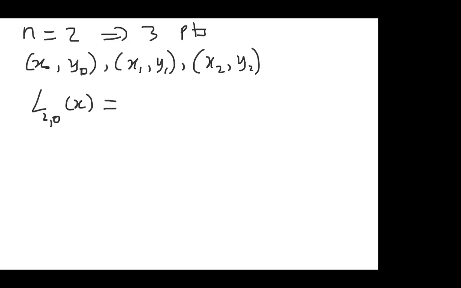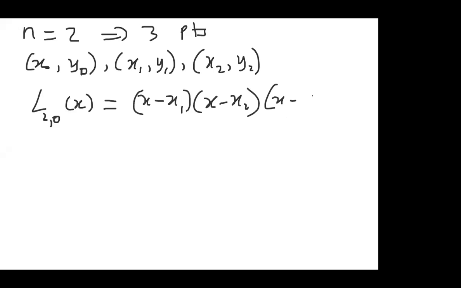I won't have a linear factor with x minus x0, right? As we stated there. So I'm going to have x minus x1, this factor, then times x minus x2. I'm going to get only this in the numerator. I won't have x minus x0. No, this won't be included.